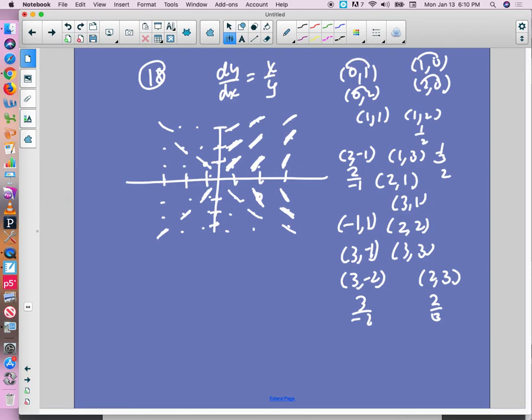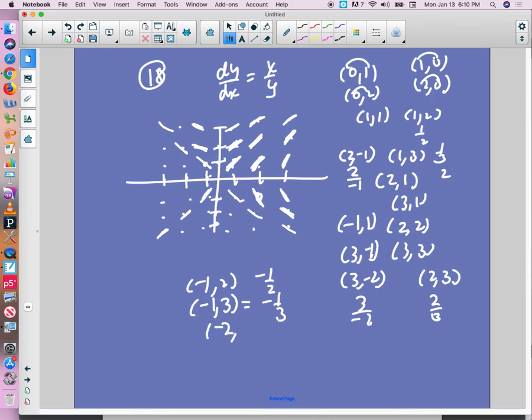And back here at negative 1, 2, you get negative 1/2. Kind of trying to make it like that. At negative 1, 3, which I hope I did 1, 3. Negative 1, 3, I get negative 1/3, so even more.